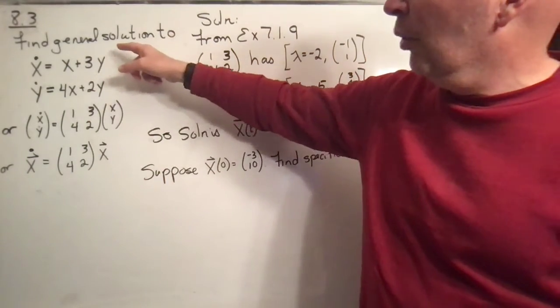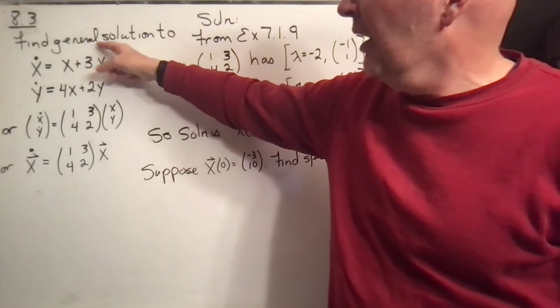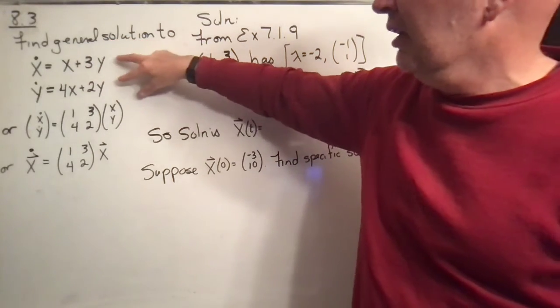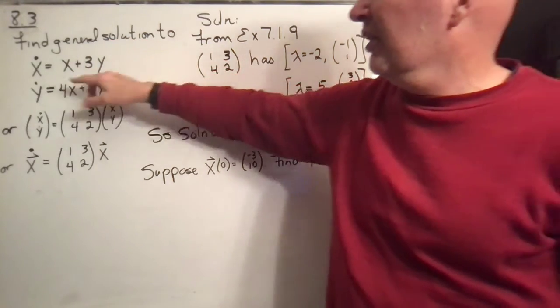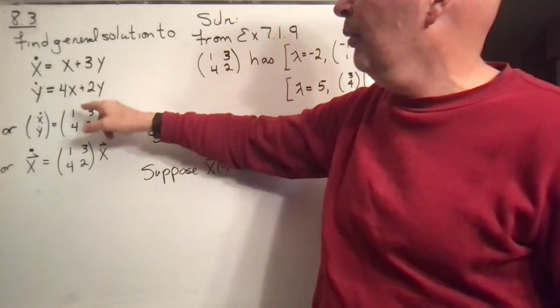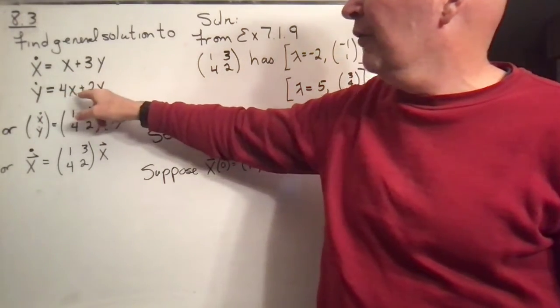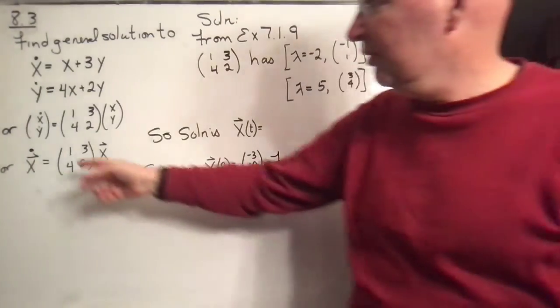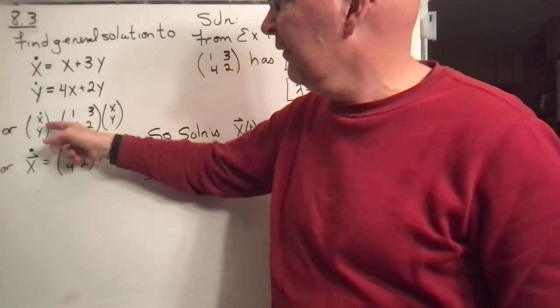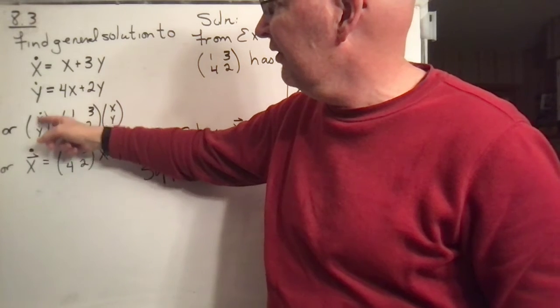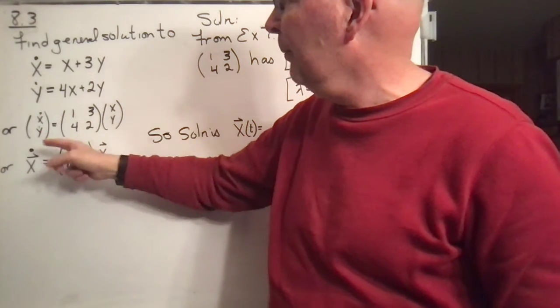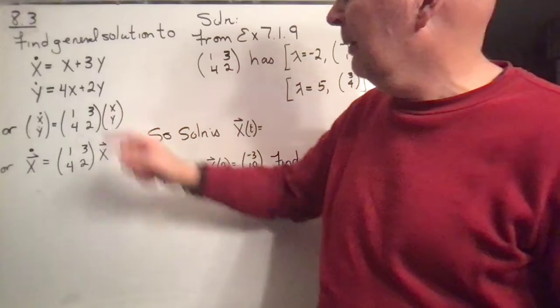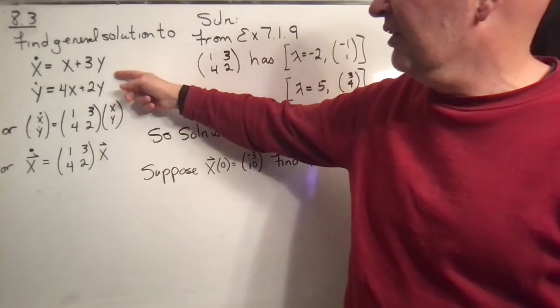So suppose we want to find the general solution to this system of equations. x prime is equal to x plus 3y, y prime is equal to 4x plus 2y. And just to stress the point, we can write it differently. We can write it like this instead in matrix form: x prime, y prime, 1, 3, 4, 2 times x, y. It gives you the same thing.